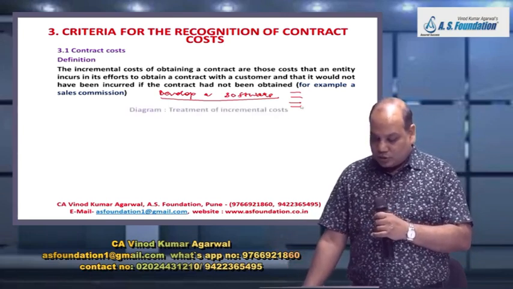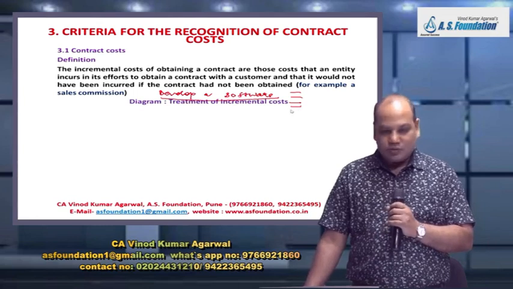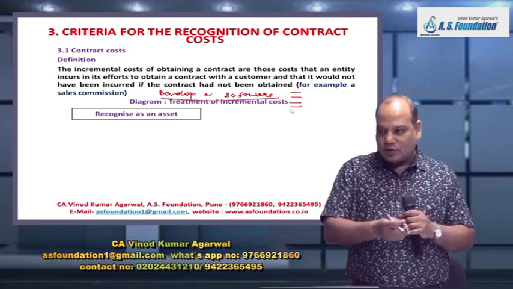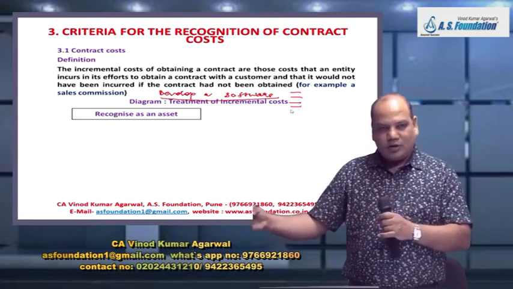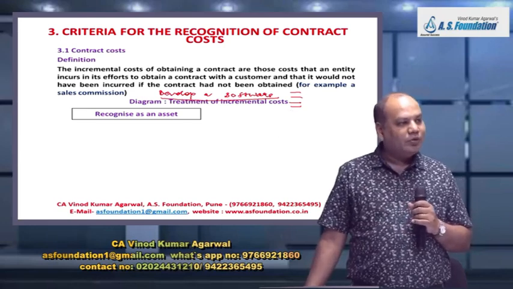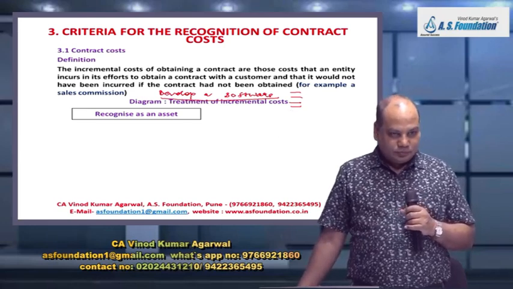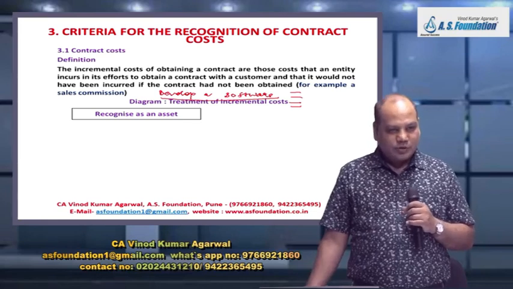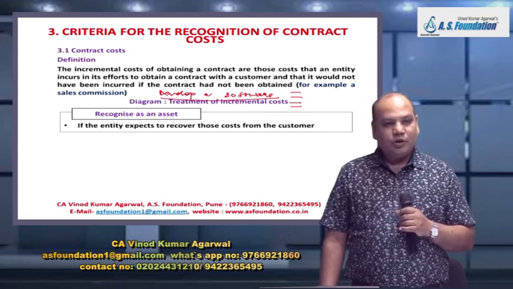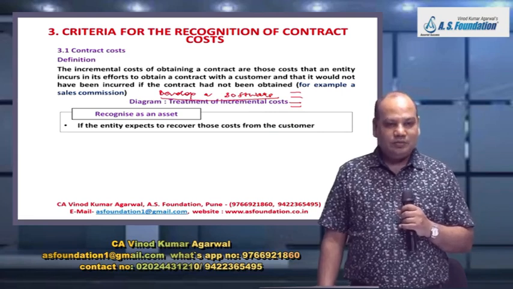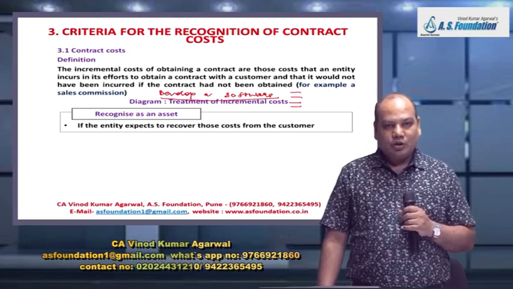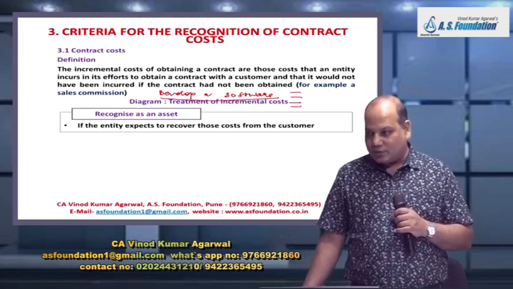The question is, what is the treatment of incremental cost? Would you recognize it as an asset first, capitalize it, and then apportion it over the contract period, or would you charge it to P&L account immediately? Two answers are possible. Those costs which will be recovered from the customer will be capitalized first and will be apportioned according to the progress of the work done.